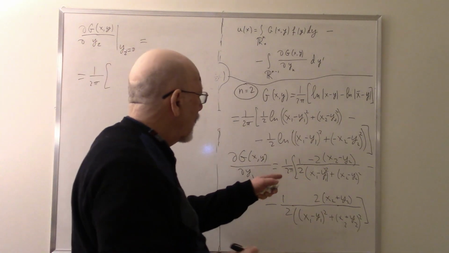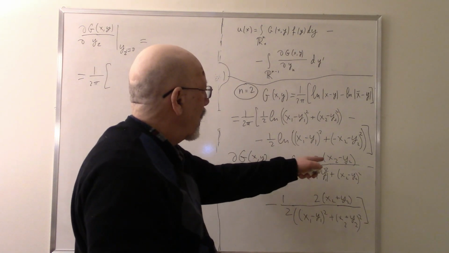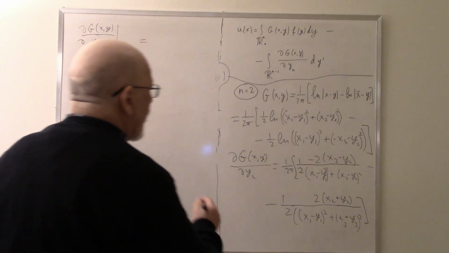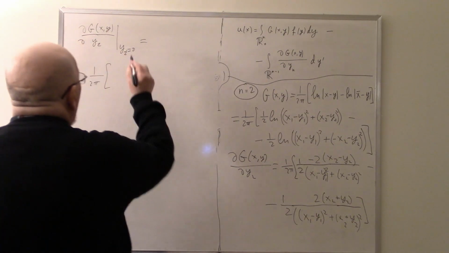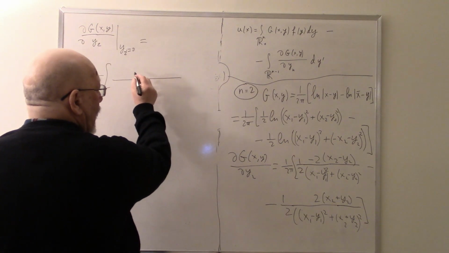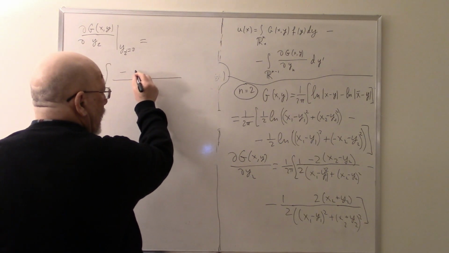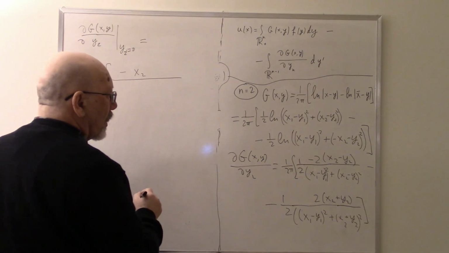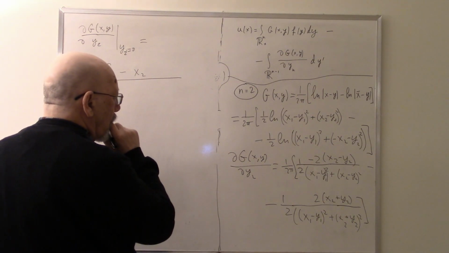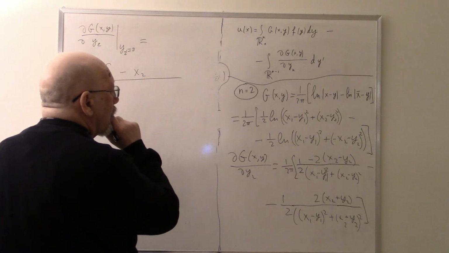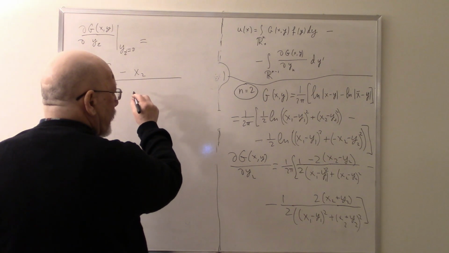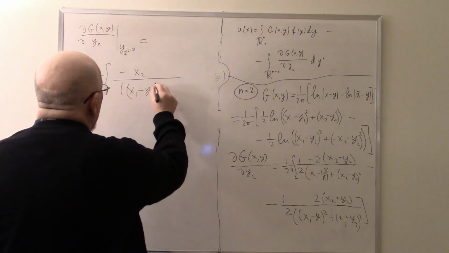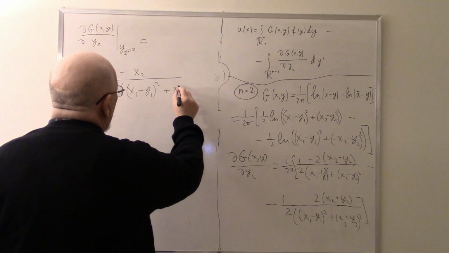So what is here? 1/2 times 2 times (x2 minus y2), simply minus x2 over (x1 minus y1) square plus x2 square.